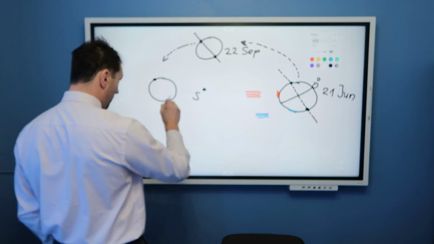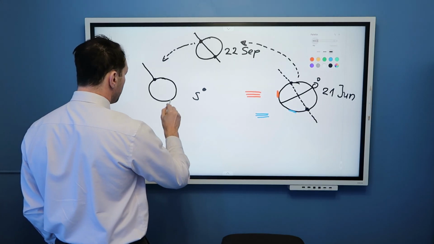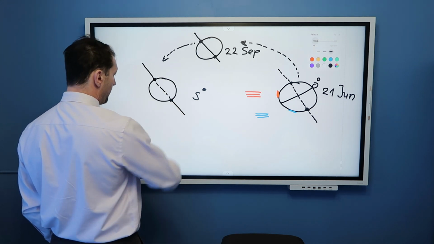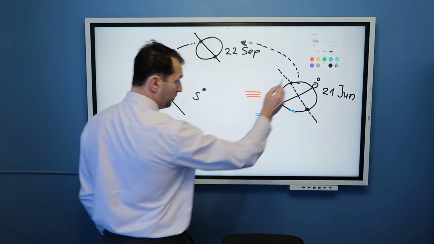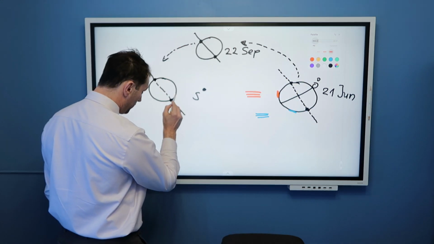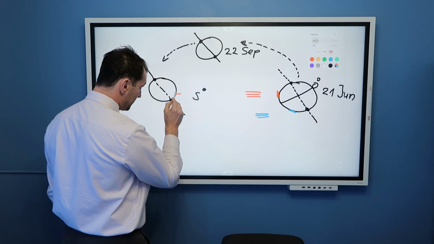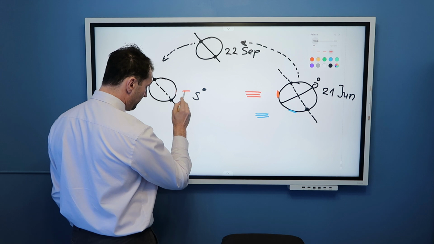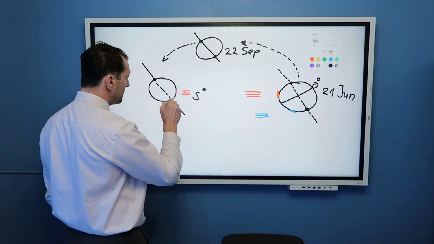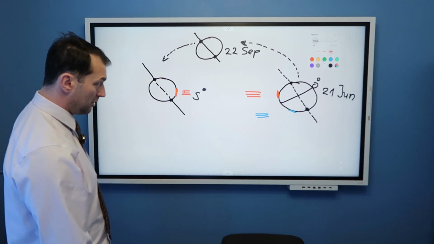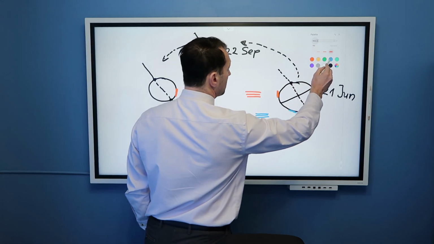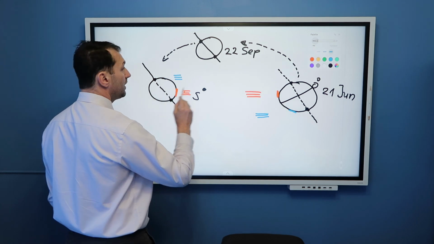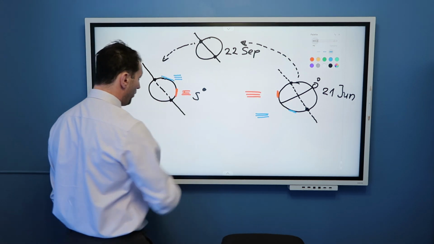But North Pole is pointing away from the sun, whereas South Pole is pointing towards the sun. And lo and behold, notice that now the Southern Hemisphere receives more intense radiation, because if I have these three sun rays, they are hitting the Southern Hemisphere at almost perpendicular angle, and another three sun rays are hitting the Northern Hemisphere at very low angle.